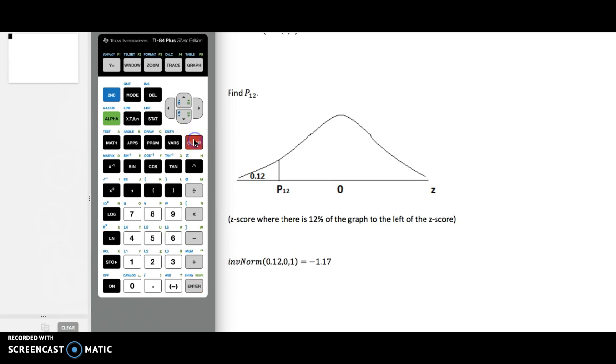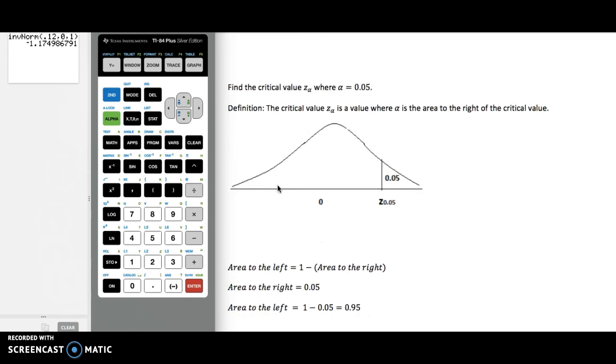So use inverse norm to calculate. So what you first have to put in is the area to the left. So here's my percentile, or my z-score, right? The area to the left is this number here, so 0.12, 0 and 1, and so you get negative 1.17.